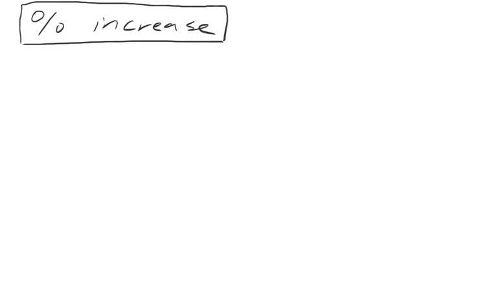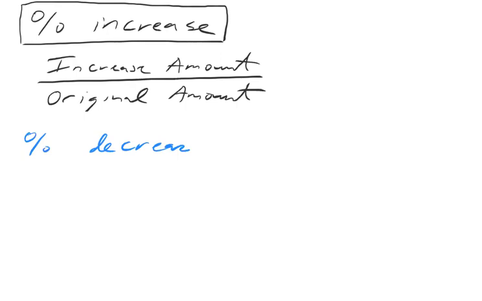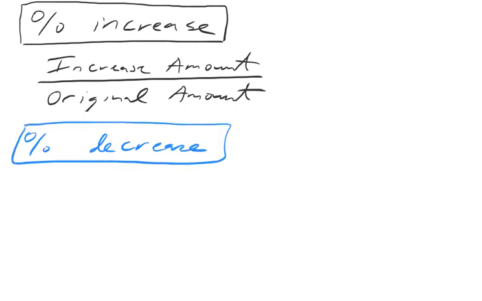The formula for percent increase or a markup is the increase amount divided by the original amount. And then we have percent decrease. If we're going to have a sale, that would be a percent decrease.